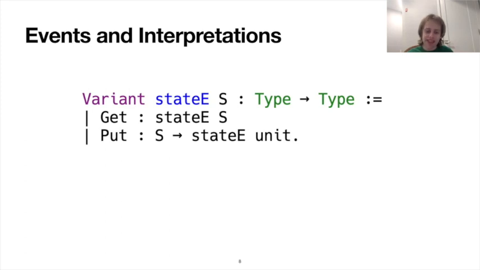And why we do this is so that we can lift this function to entire I-trees, where if you have that event handler from stateE to state, you can lift it to an interpretation function from I-trees over stateE to stateful computations that can diverge.